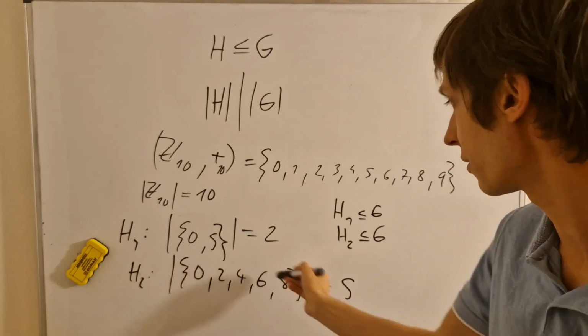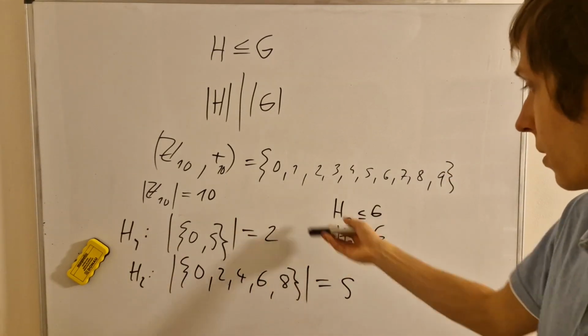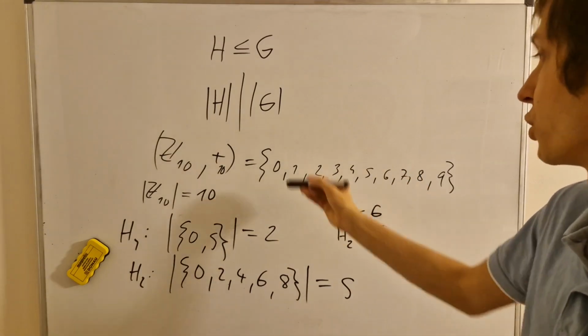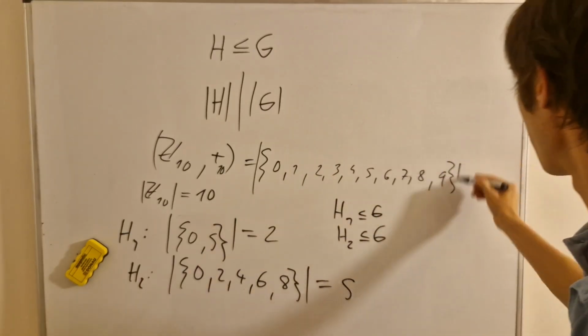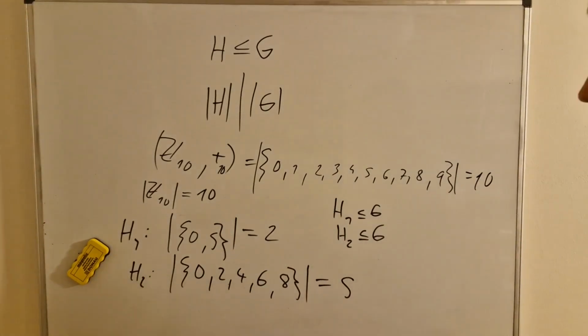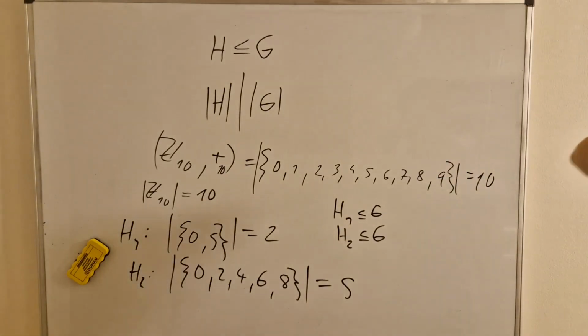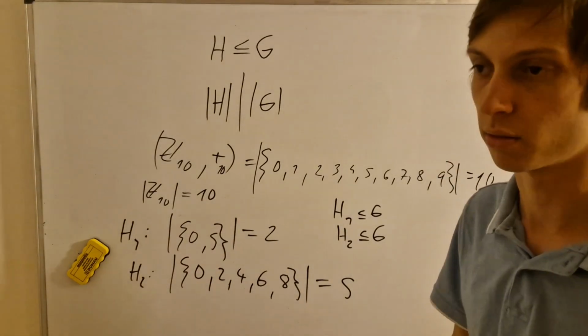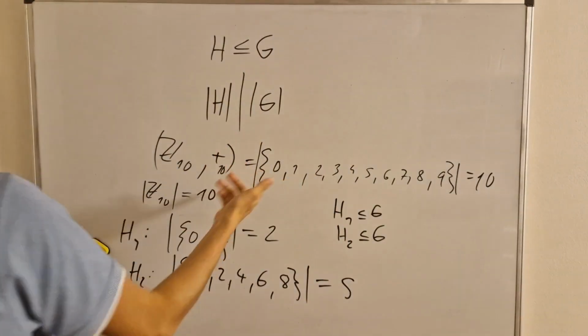I just count them, right? 5 here, 2 here. Both these numbers divide the original Z10. I can also put it around here, right? The original 10 elements of that group, whose subgroups they are. So that's satisfied. So Lagrange theorem verified here with an exact example for this group.